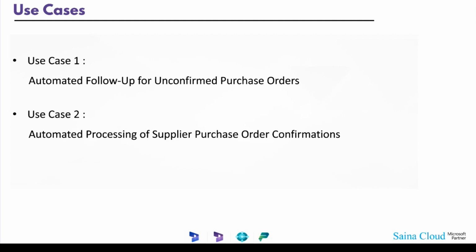It drafts a mail, and the team sends it. When the vendor replies, the agent understands the intent of what the vendor is trying to communicate and shows the suggestion. As a team member, I click the button, and the agent comes back, takes those changes, and makes them to the purchase order. So there is a complete cycle of inbound and outbound, which we can see in this demo.